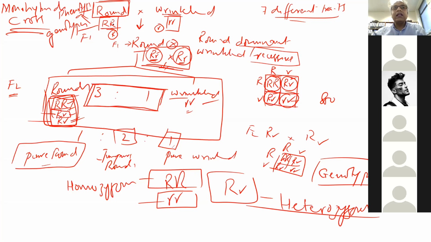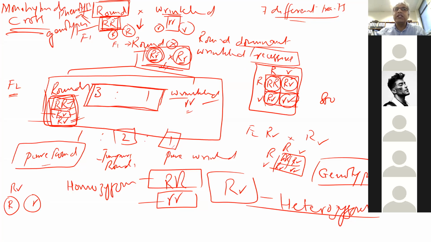Factors exist in pairs, but each of these two, capital R, small r, is what I should have written. Just like here, this parent, a heterozygous round, can contribute either capital R or small r. That's how such a 3:1 progeny will be possible.